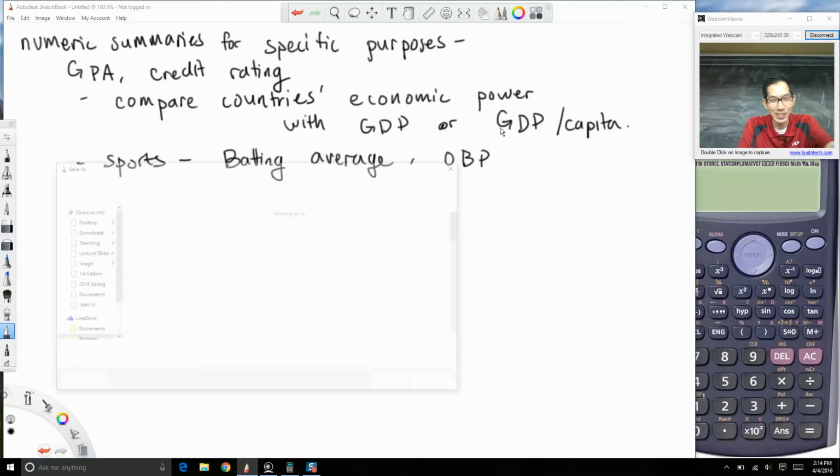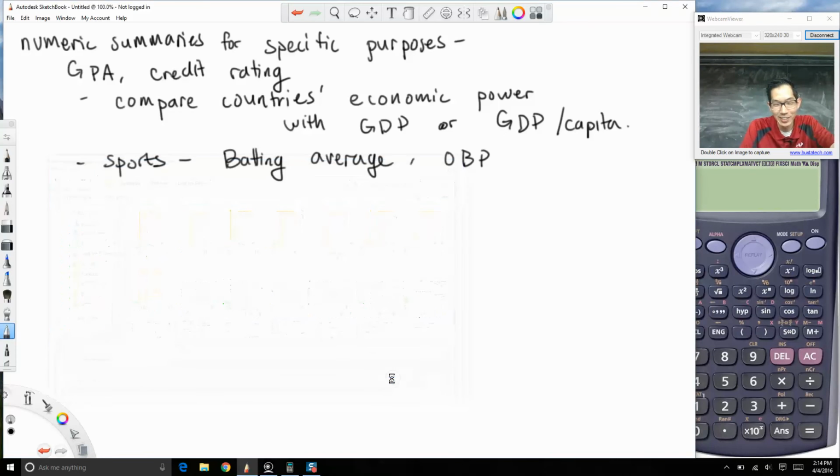Those of us who like baseball will care. The rest of the world doesn't, okay? And so these have specific purposes, and they're useful if you're trying to make comparisons from one baseball player to another baseball player or things like that.